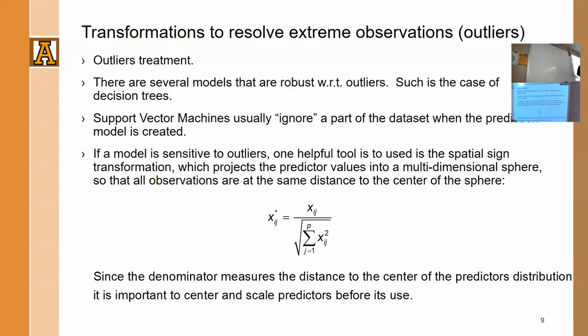And if you look at this denominator, it measures the distance to the center of the predictors' distribution. The center is at 0, so that's the distance from the origin. If we use this transformation, it is important to center and scale the predictors before we do it.